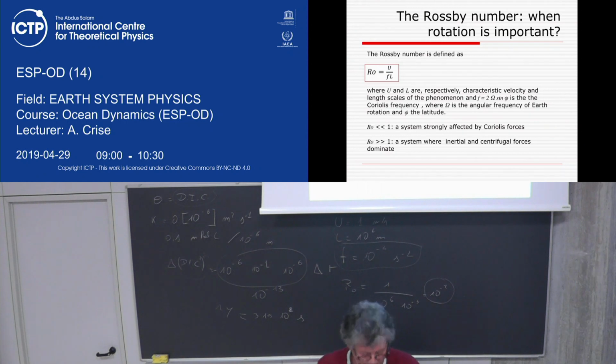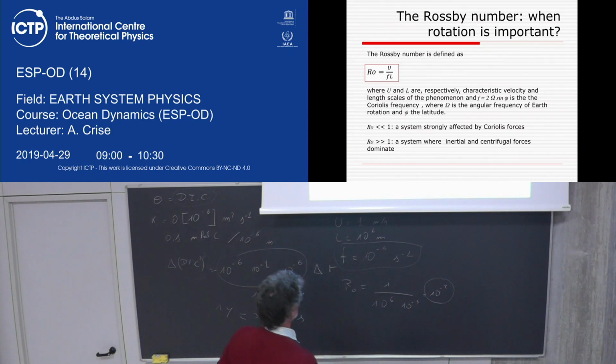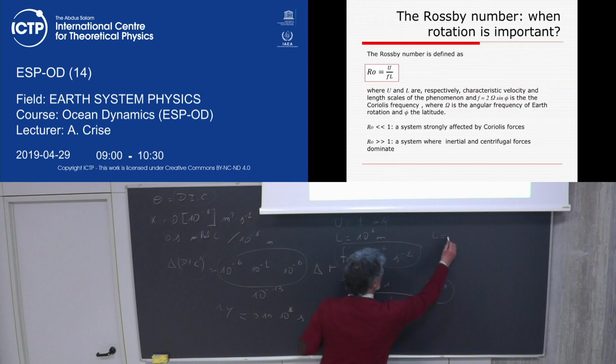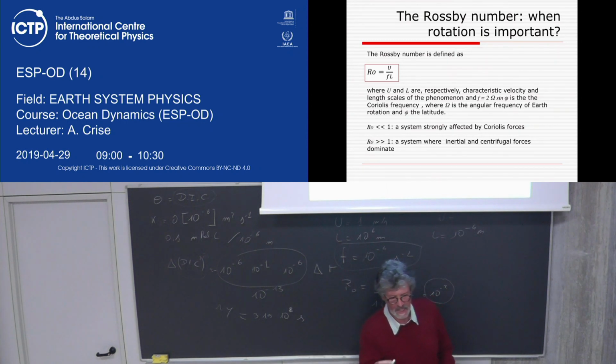Phytoplankton has a dimension and the velocity is essentially the sinking velocity. They cannot move. But the sinking velocity for them could be, let's say, 1 meter per day.